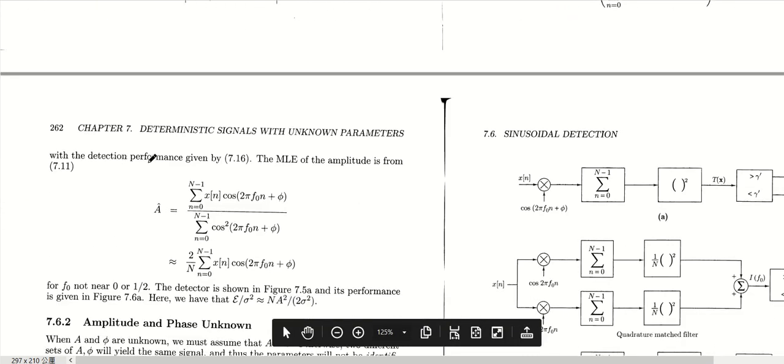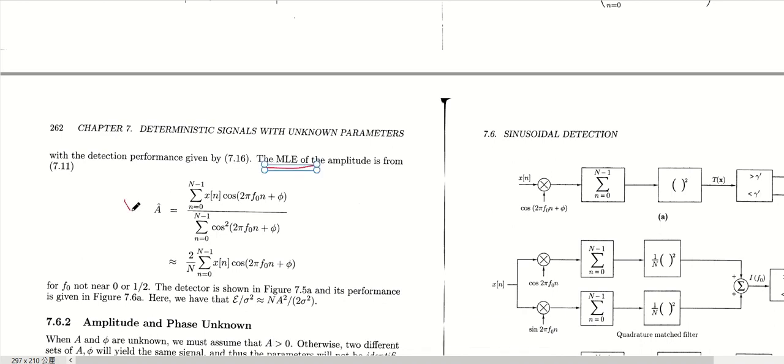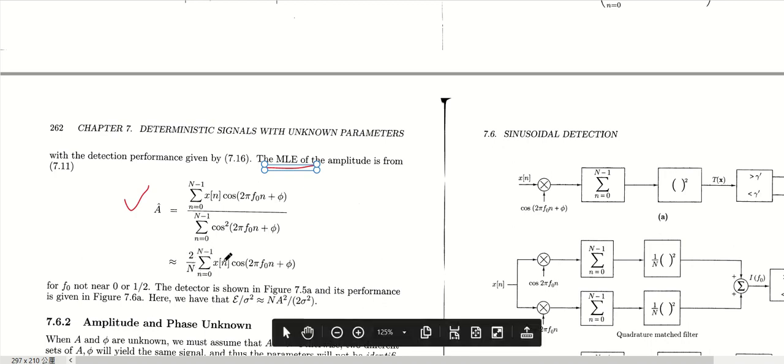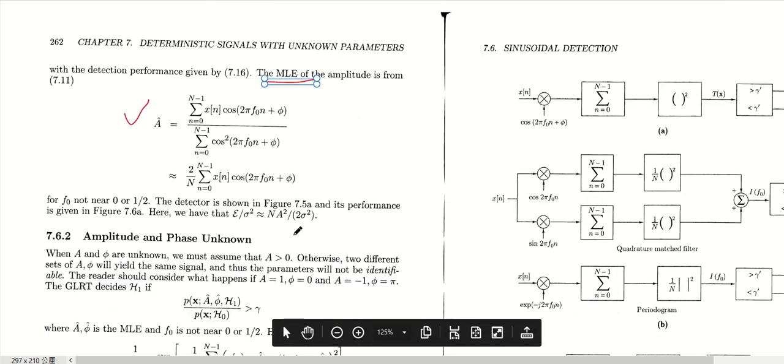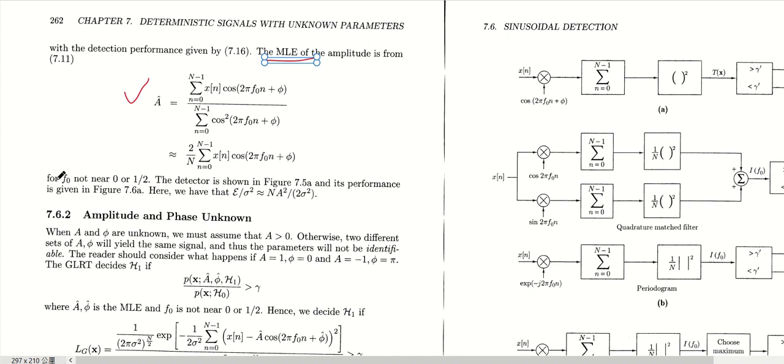The detection parameters are given by the MLE of the amplitude like this, and this was again done before. You do the correlation and divide by the sum of cosine squared, that is 2 divided by N times the summation of x[n] cosine. For f0 not near 0 or 1/2, the detection is shown and its performance is given.